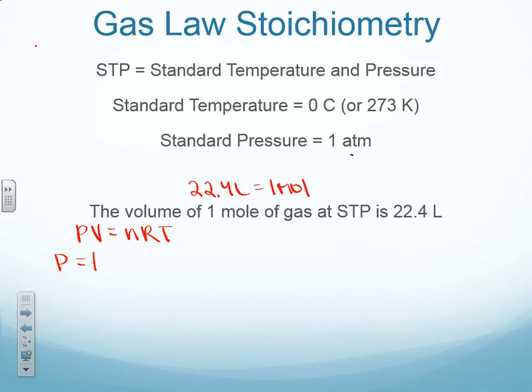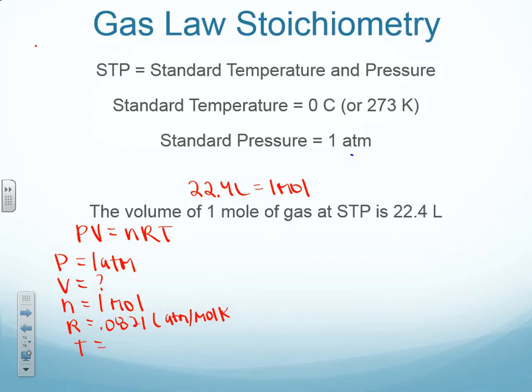So our pressure for standard pressure is 1 atmosphere. Volume, we know that it's 22.4 liters, but we're actually going to verify that right now. And we're talking about 1 mole of gas. R is still going to be 0.0821 liter atmosphere per mole Kelvin.